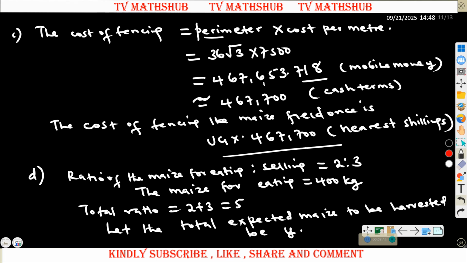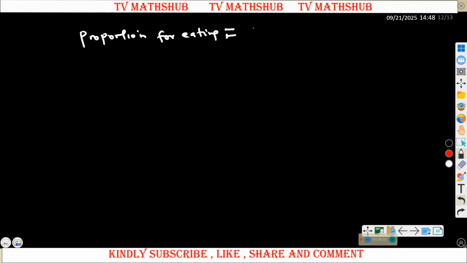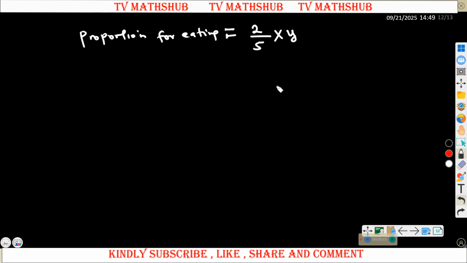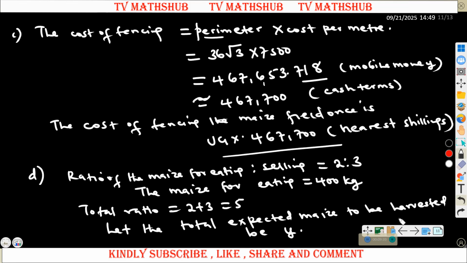So this will be 2 out of the total, and we multiply this by the total maize that will be harvested, which we called y. This must be equal to the maize that will be left home for eating, that is 400.